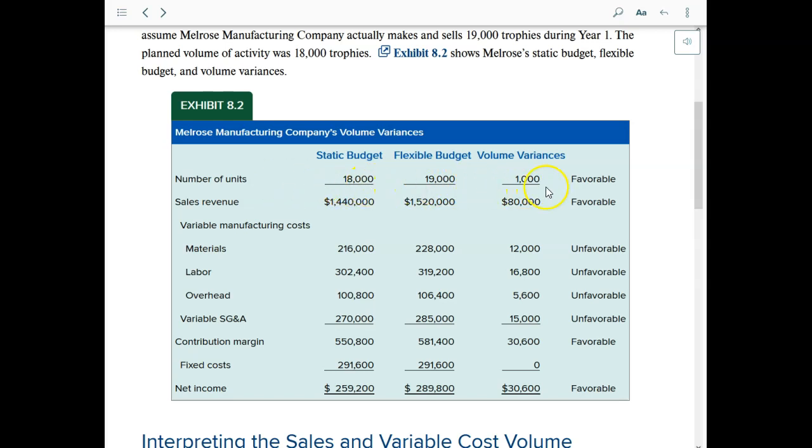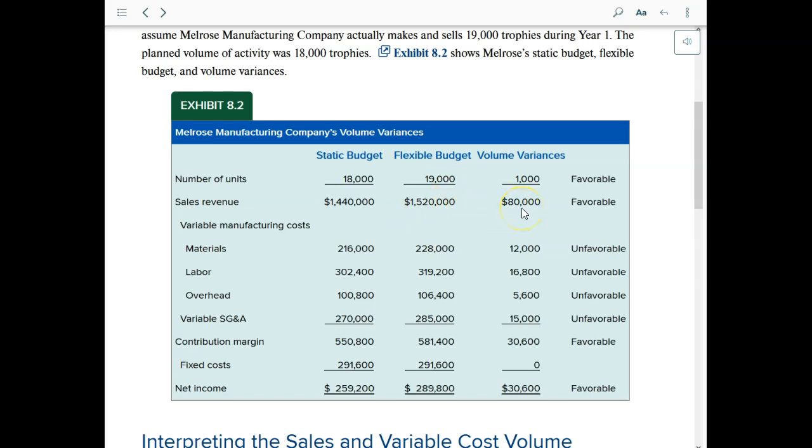Number of units, you sold more than you planned, is favorable. Revenue, you had more than you planned. Well, this is your budget. You should have budgeted for more revenue than you planned. That's favorable. So at the 18,000 unit level, your revenue was $1,440,000. At the 19,000, your actual level, your budget should have been $1,520,000.